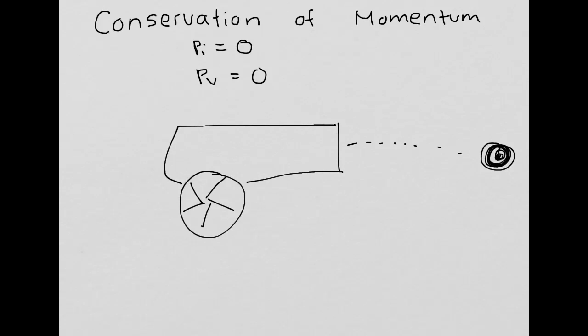So let's look at a couple examples using collisions to illustrate conservation of momentum. Okay, so let's say I have some ball A moving with an initial velocity, and it collides with another ball. Let's say they both have a mass of m. So it collides.